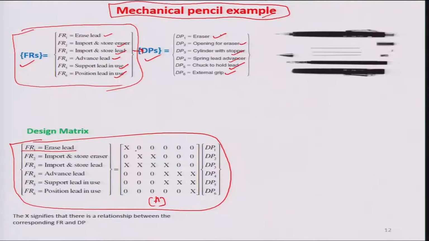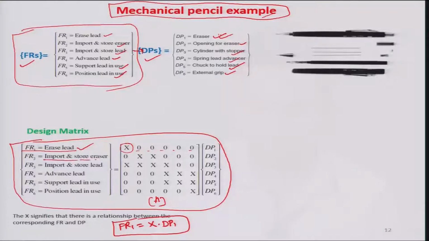So here other parameters are 0 and only x is there, that is the non-zero parameter. So if you write FR1, it is equal to x into DP1, and this is true because lead can be erased only using eraser.